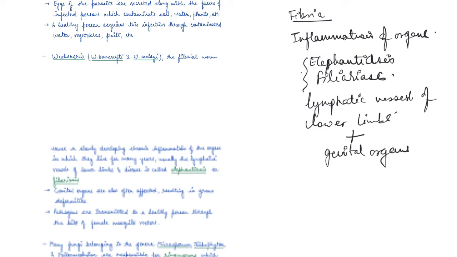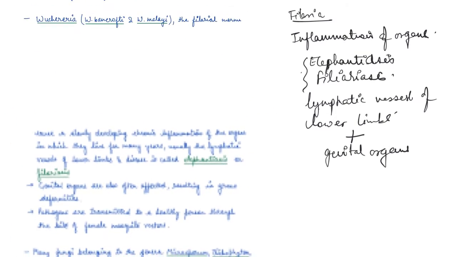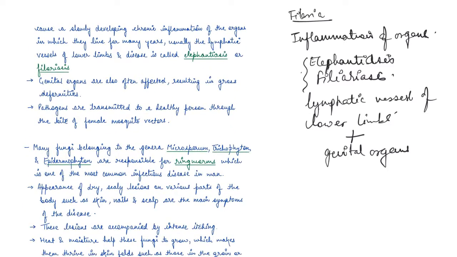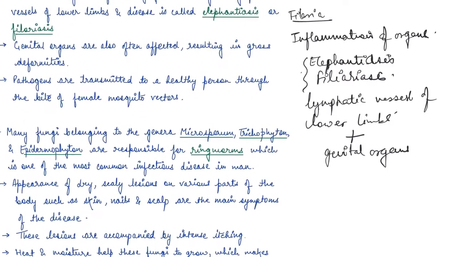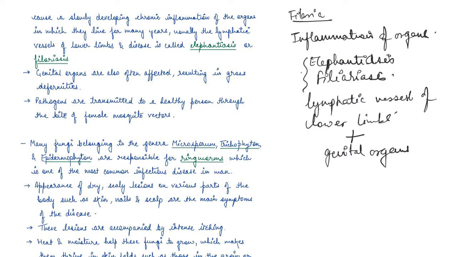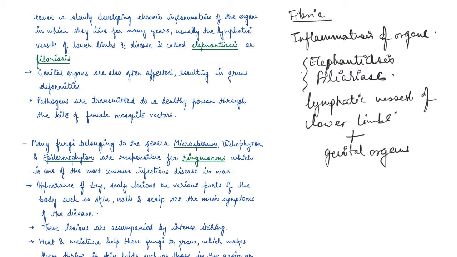So not just the limbs, the genital organs also get infected. It results in deformities like highly swollen limbs and genital organs, right? So you'll have various gross deformities.